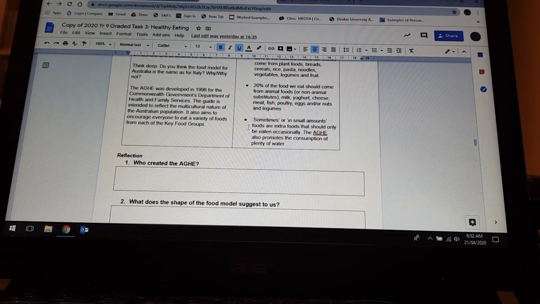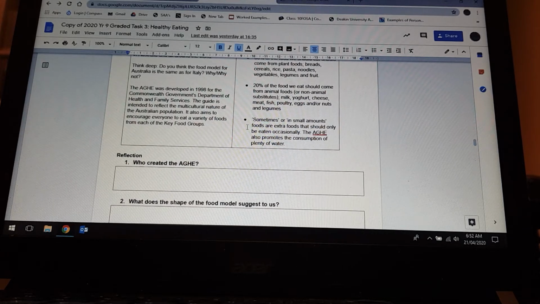The sometimes or in small amount foods are extra foods that should only be eaten occasionally. The AGHE also promotes the consumption of plenty of water.